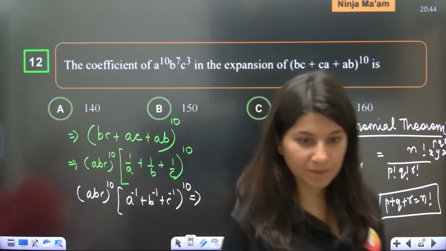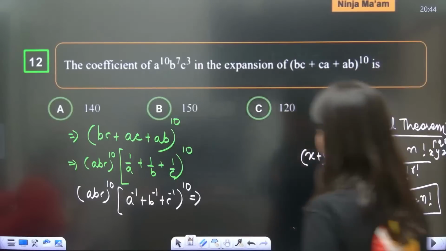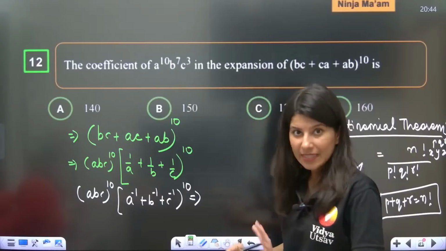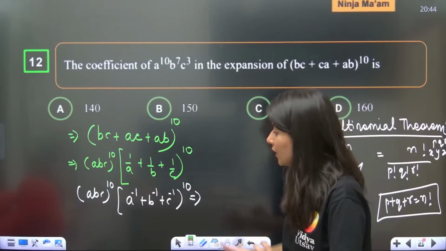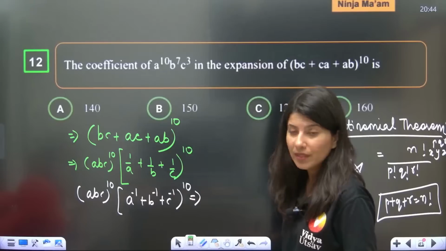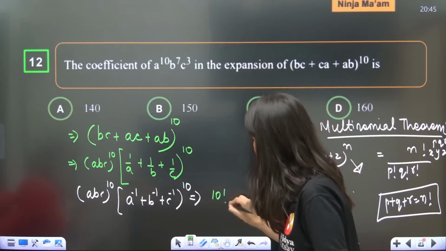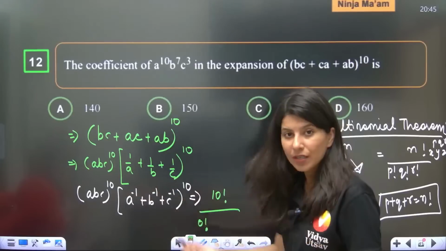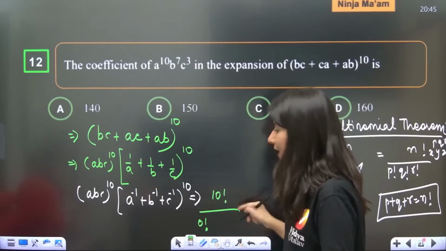Now, abc power 10 is already there. What do you want? You want a power 0 from here. So this is 10 factorial, a power 0 means 0 factorial you will get, because 10 is already there, no? 0 factorial and a power 0.